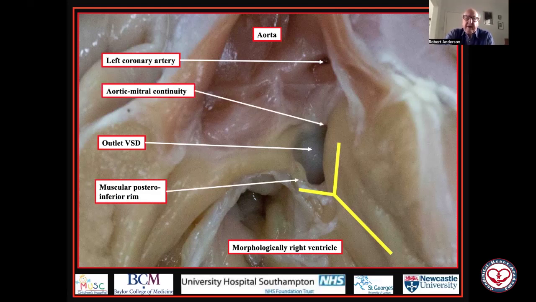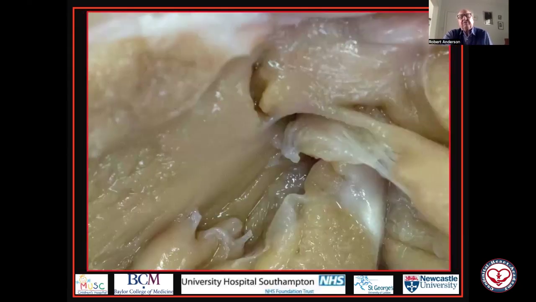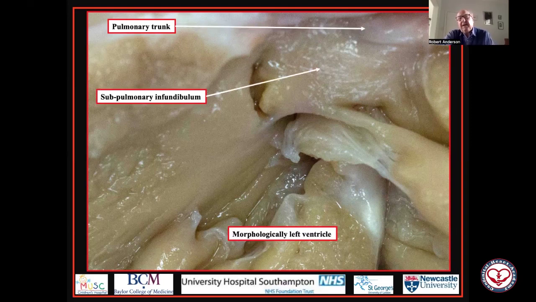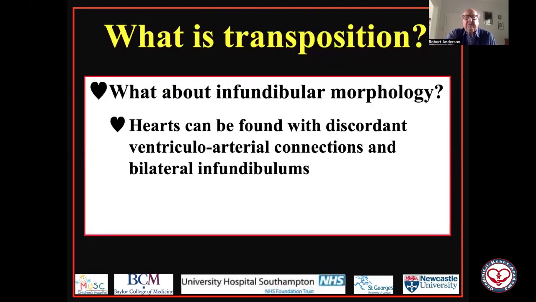So here again, we have a heart that satisfies the criteria of transposition, because if we look at the other side of the heart, we see here the morphologically left ventricle giving rise to the pulmonary trunk. Another problem, because here there is an infundibulum in the morphologically left ventricle. But again, we have discordant ventricular arterial connections.